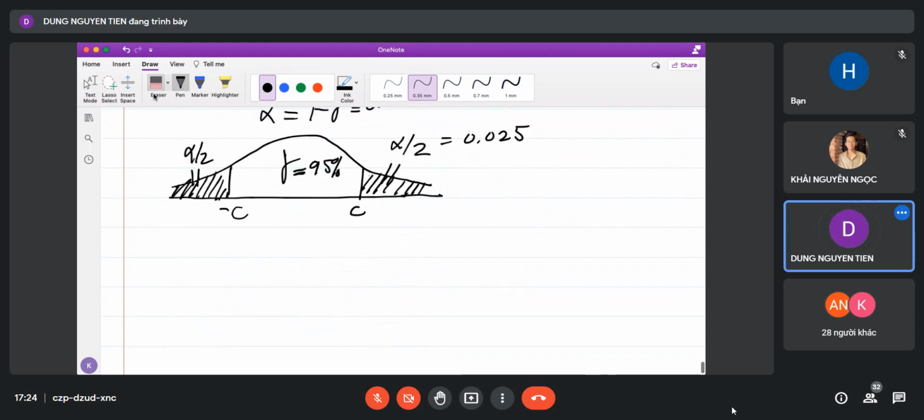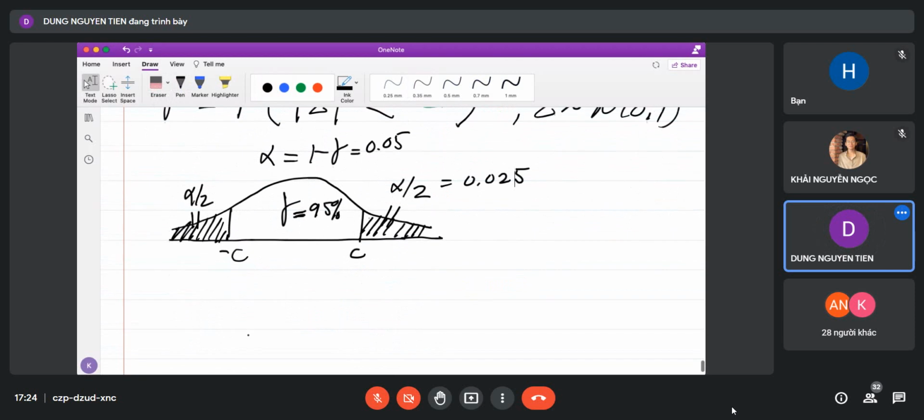Is that clear? Okay, so what about c? c is the point such that the area to the right is alpha over 2. In this case, that is 0.025.